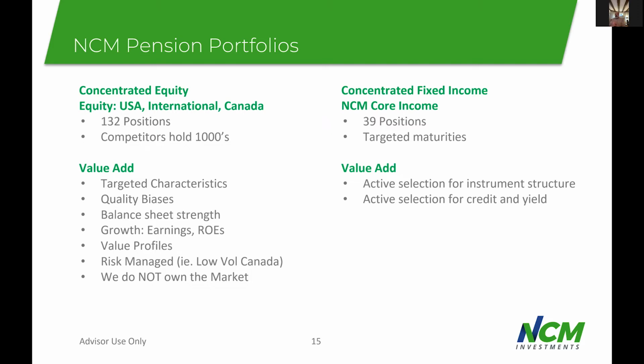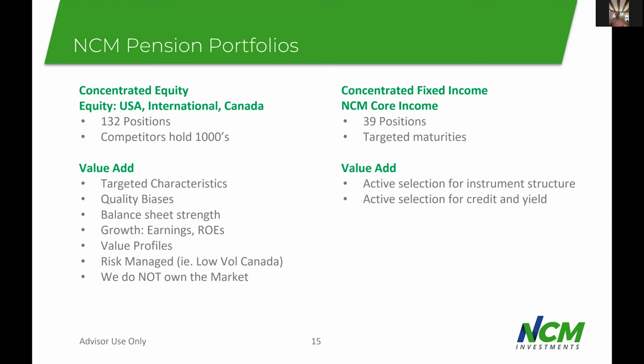And generally this meant that they owned the market. They own thousands of pieces of individual companies that make up the market. And given that, they're unable to target characteristics and factors that identify either alpha production through value and quality, or risk mitigation, such as the low vol Canada fund that we have.